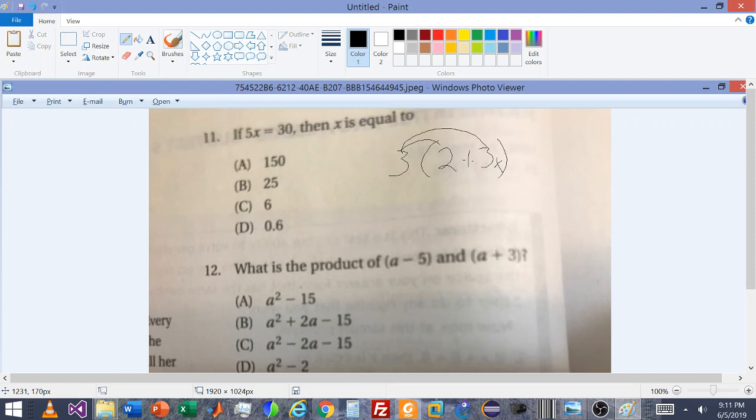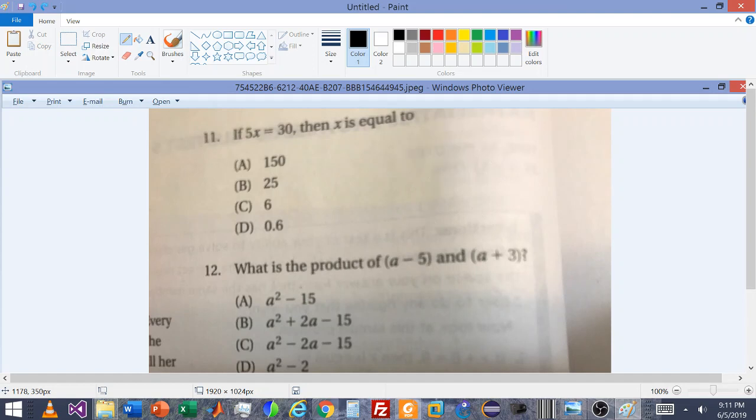So 3 times 2 gives us the first new term, which is 6, and then 3 times 3, which is 9, and the x follows along. So this is your new set of terms, one constant and a mixed term with the constant and variable, so 9x.